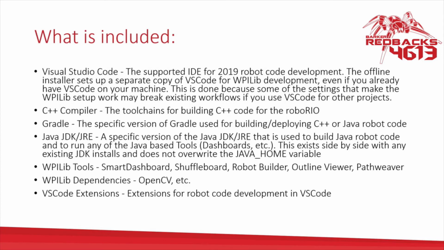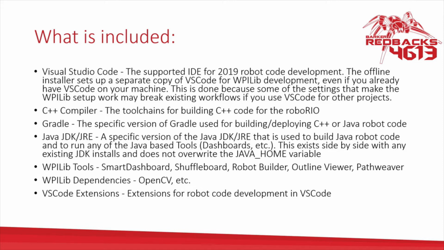So, what is included? It comes with a bunch of things. It comes with Visual Studio Code, which is of course the supported IDE for 2019, and it's a separate instance. So even if you already downloaded Visual Studio Code, it will install a separate version, and it will be kept separate, which is important to note. It comes with a C++ compiler.